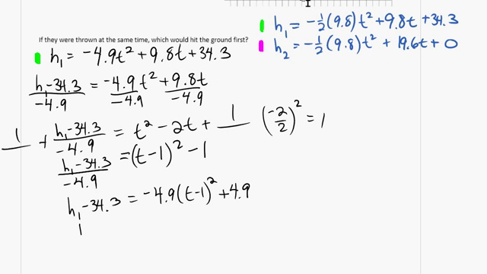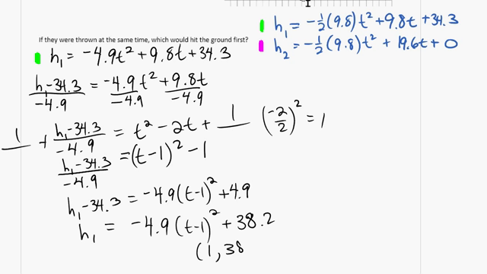So now I add 34.3 to complete my solution, and I get negative 4.9 t minus 1 quantity squared plus 38.2. So the vertex here, after 1 second, it gets to 38.2.